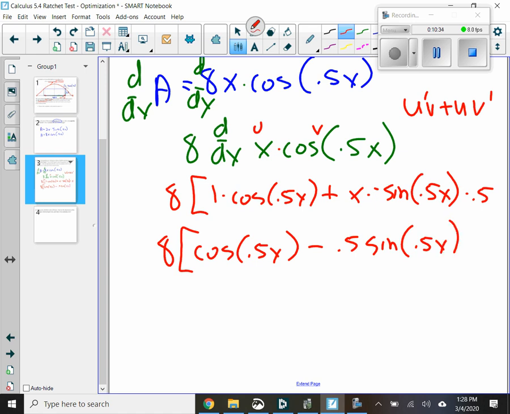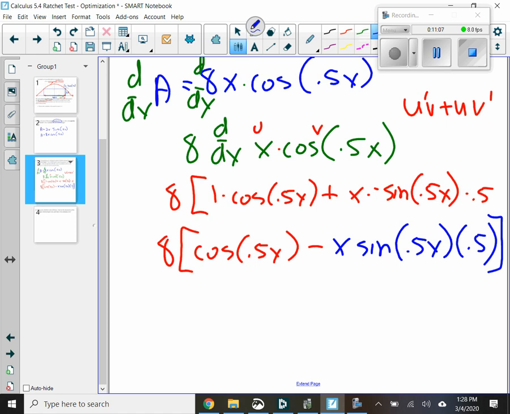I'm missing an x, right? Yes, I'm missing that x right there. I don't like the way that looks. It's too confusing. Okay, so I have the minus x sine 0.5x times 0.5. That looks a little bit better. Am I still okay? I think so.